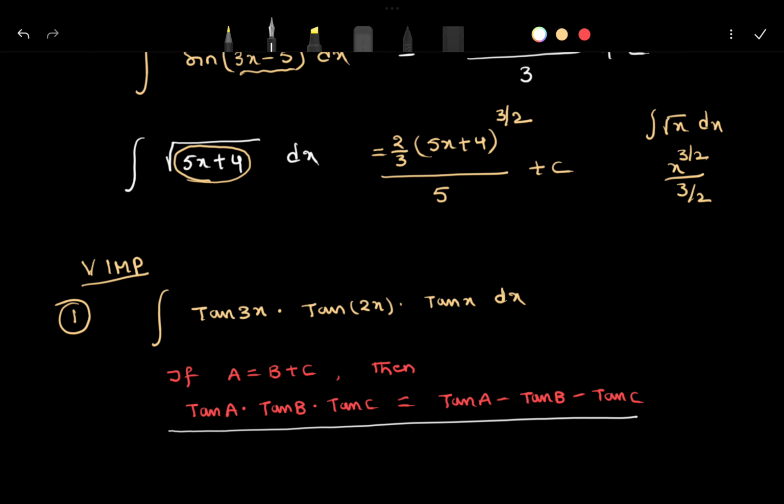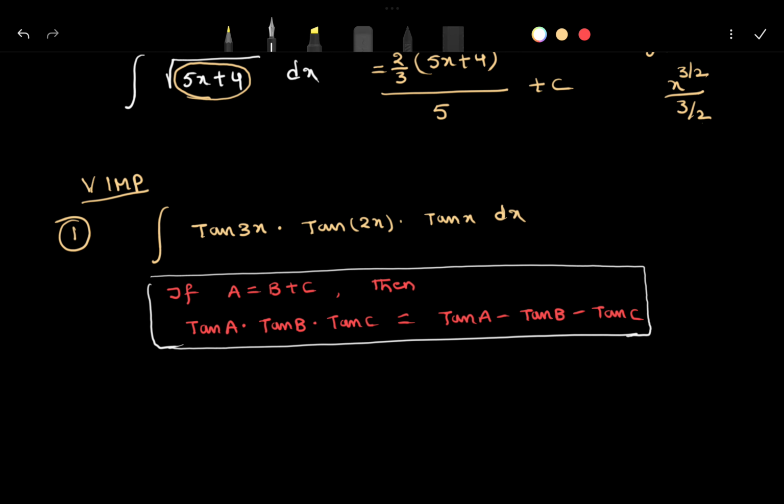This is one of the important formulas, very useful in trigonometry, differentiation and integration. According to this, in this question 3x is equal to 2x plus x. So a is equal to 3x, b is equal to 2x and c is equal to x.